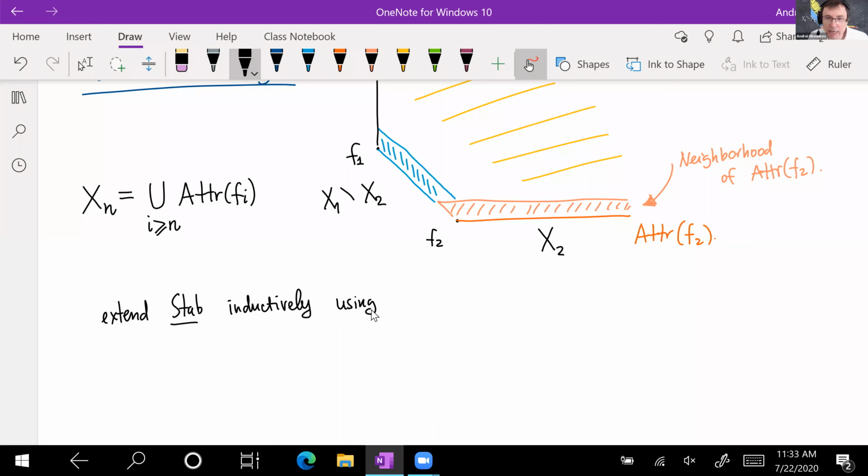So if I have a variety and a subvariety, then there is a long exact sequence in cohomology.